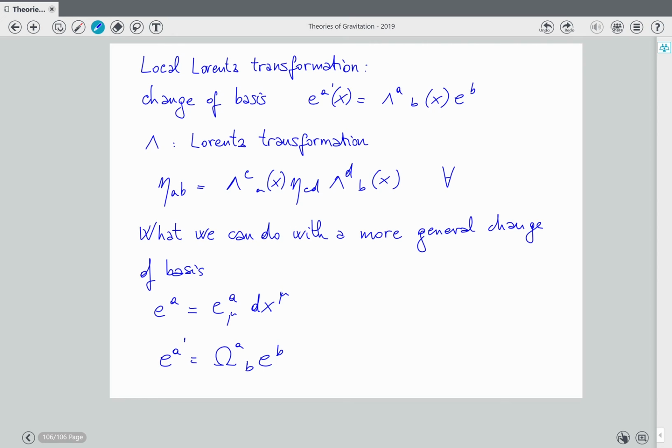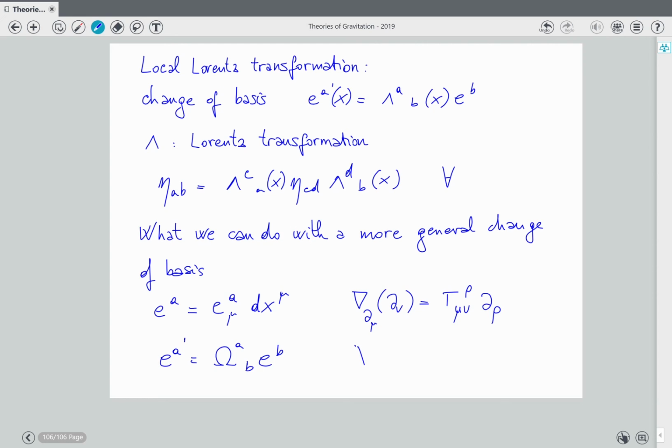How can we use this? So for example, we can work out the transformation of the connection. In the basis x mu, we have defined the connection as the Christoffel symbols.